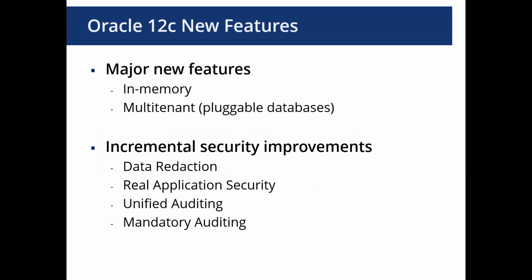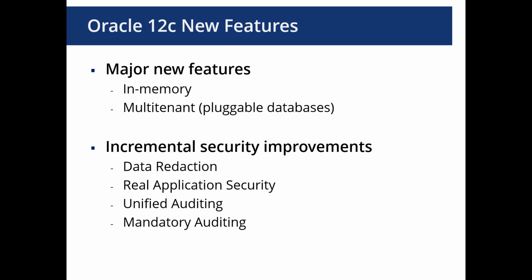Certainly when I think of 12c, I think of two primary new features: the in-memory database option and the multi-tenant option. I would describe multi-tenant as you might be consolidating servers by virtualizing them onto a single piece of hardware. The 12c multi-tenant option allows you to consolidate databases into a single install of Oracle.